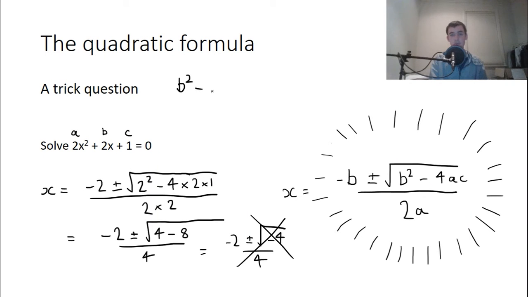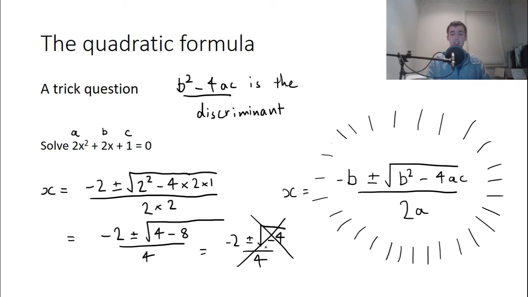B squared minus 4 times A times C is the discriminant. That's just the name for this. And it helps you discriminate or choose, that's what discriminate means, whether you think this has two solutions or no solutions. This one has no solutions because it's impossible.